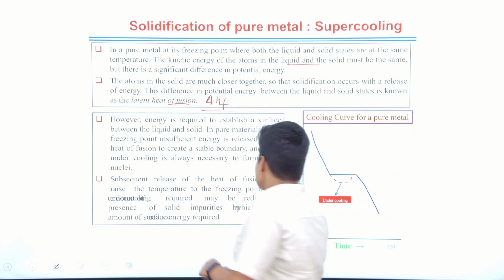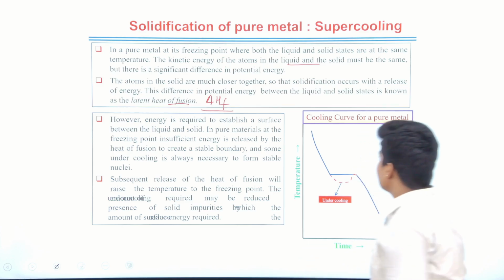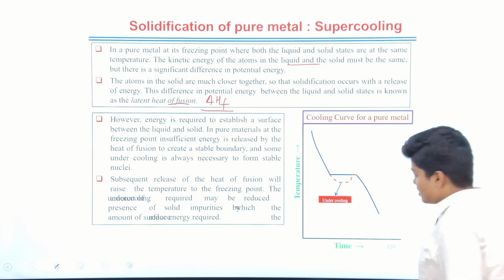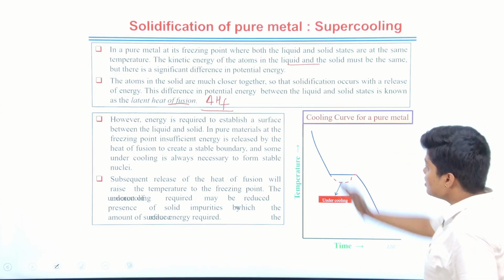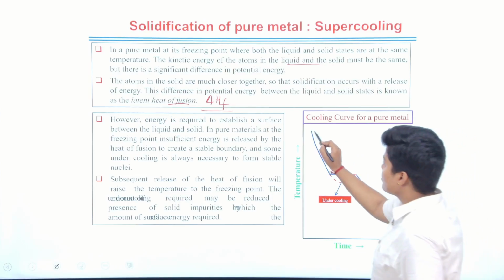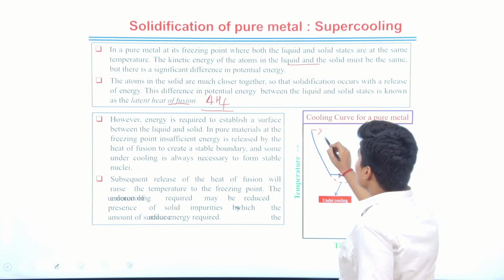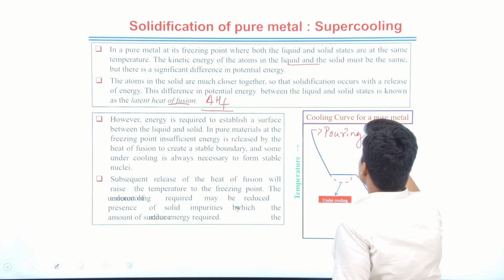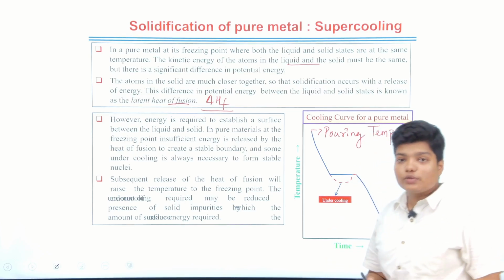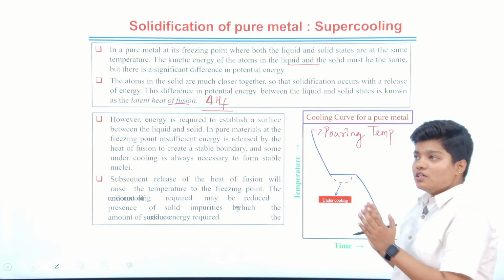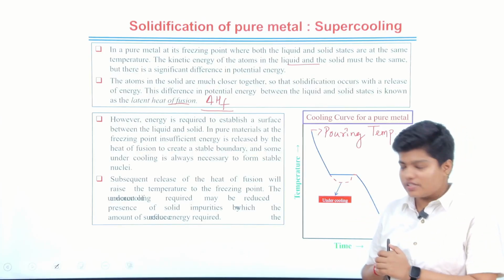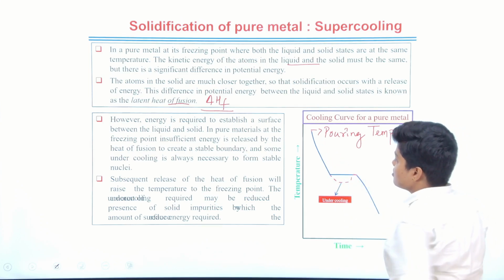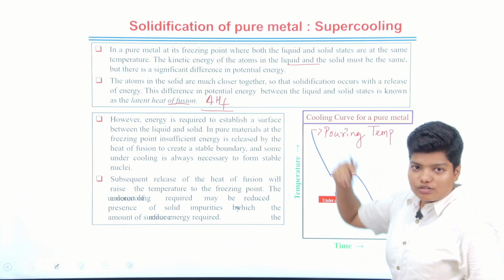This graph is the solidification of pure metal cooling curve, where the y-axis is the temperature parameter and the x-axis is the time parameter. If you are decreasing the temperature, at this point is the pouring temperature. That means the temperature at which the liquid metal is poured into some chilled zone or mold wall is known as the pouring temperature. As we are decreasing temperature, the liquid metal starts to solidify.